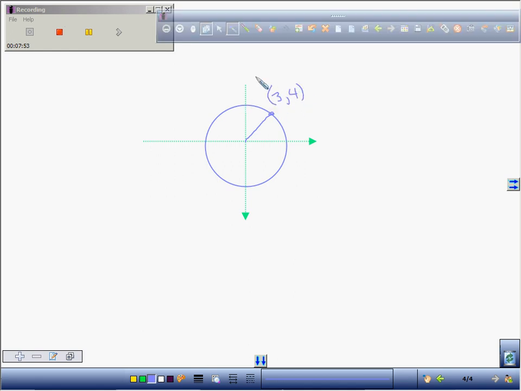And they'll say, what's the radius? What's R? Kind of an application of the Pythagorean theorem. How would I figure that out? Yes, Matt, it's 5. And Matt's correct.